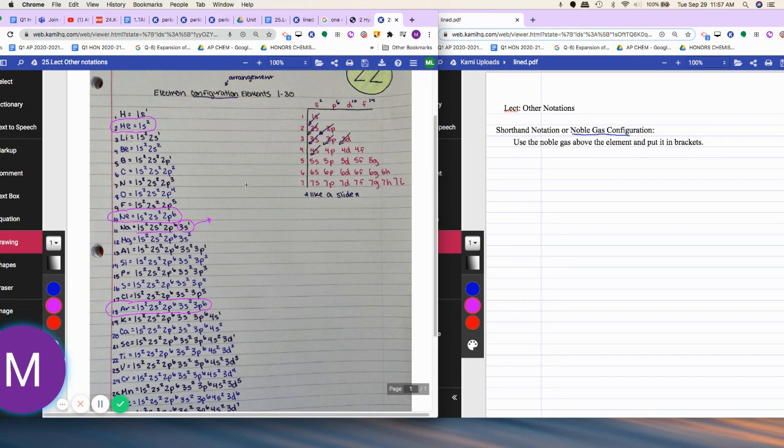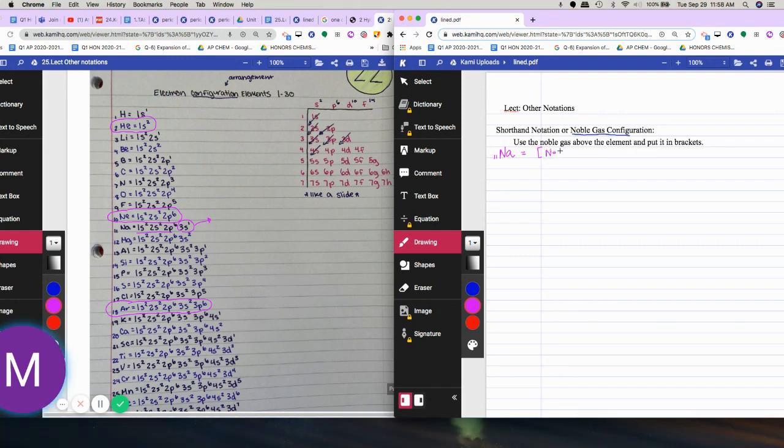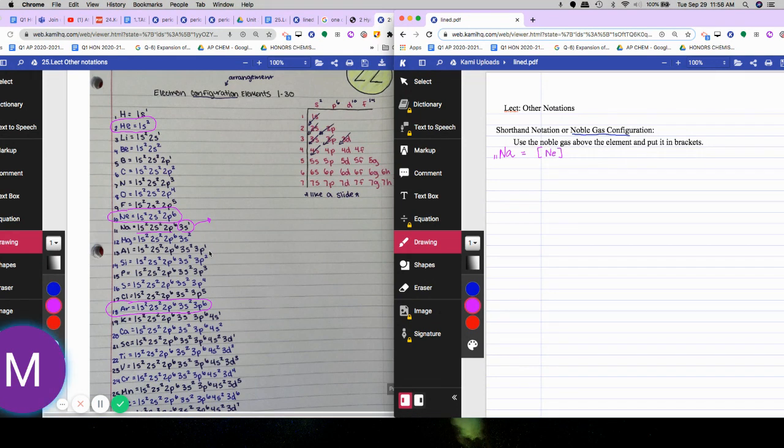So the shorthand notation looks like this. If I wanted to write the shorthand for sodium, I would write sodium, number 11, has 11 electrons. The shorthand configuration would be, I choose the noble gas above it, neon. So the same electron configuration as neon plus 3s1. Okay, so let's do another example.